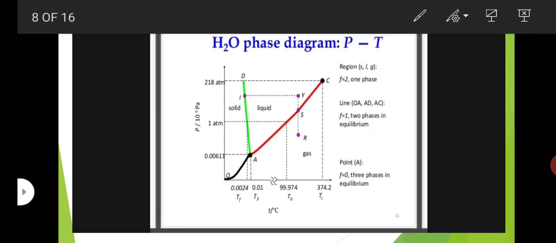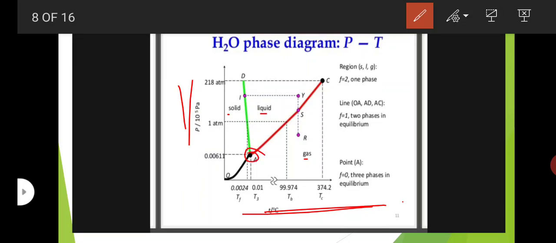And here is the water phase diagram, pressure and temperature. Here this is solid, liquid, and gas, meaning vapor. This side is pressure, and this side is temperature. With increasing temperature, ice turns to liquid water, and liquid water turns to gas.